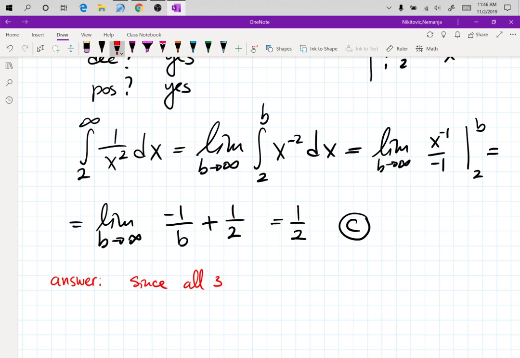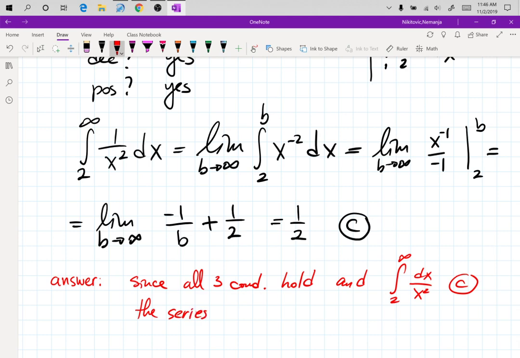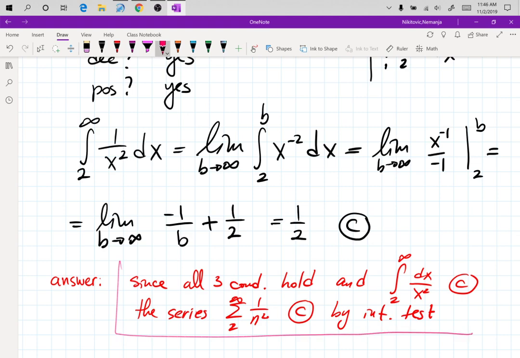Since all three conditions hold and the integral from 2 to infinity of dx over x squared converges, the series summation from 2 to infinity of 1 over n squared converges by the integral test. Box, and we are done with the problem.